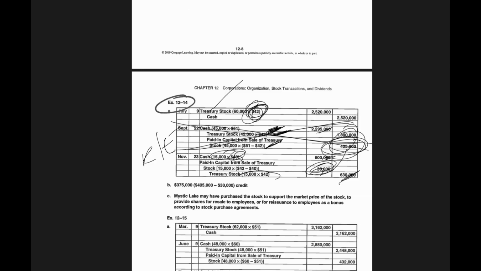Letter B, it says, what is the balance in this paid in capital? Well, of course, it's the difference between the 405 and the 30. And for what reasons might Mystic Lake have purchased? There could be a multitude of reasons. One, they've got the cash now.